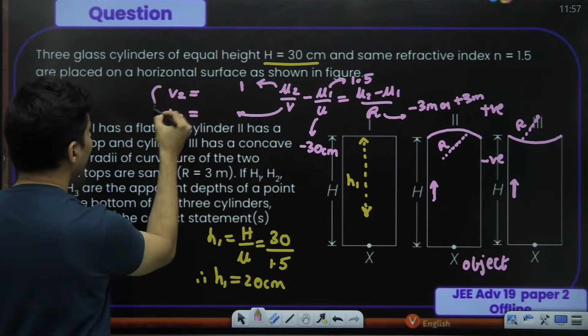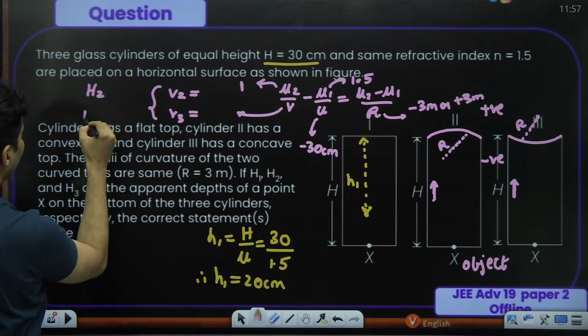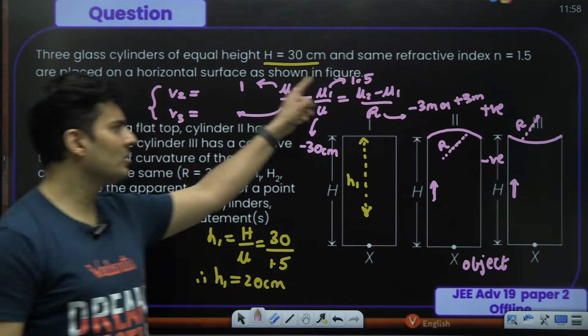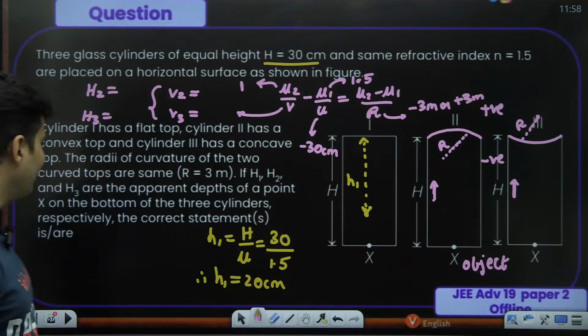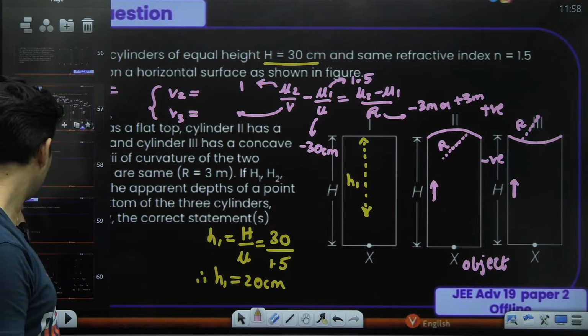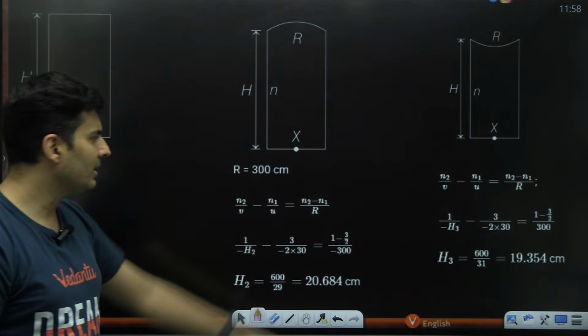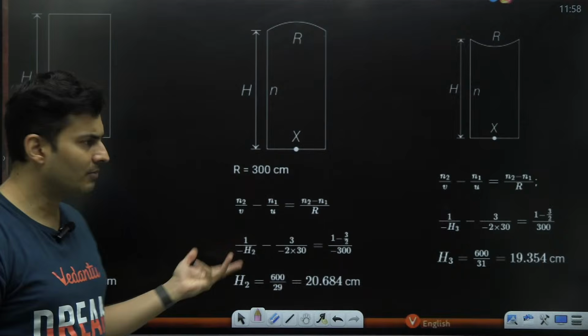This V2 and V3 will give you height 2 and height 3. Understood? Just use the curved surface refraction formula. That's all. First time it is 300, next time it is minus 300.